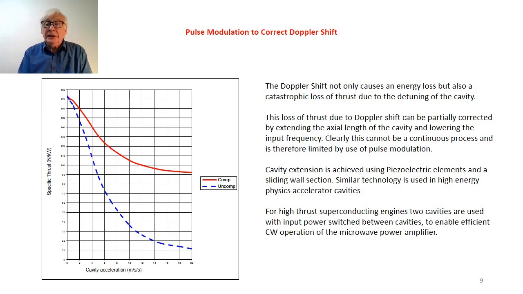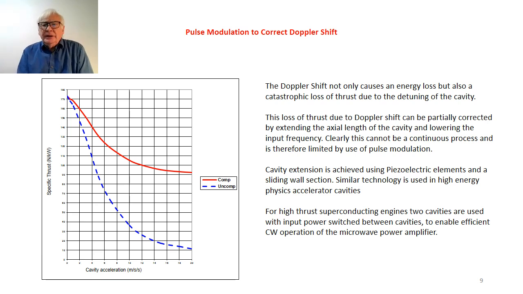So we clearly need to correct for this, and we can do this by extending the axial length of the cavity and also lowering the input frequency. So effectively we are trying to match the cavity to the Doppler shifted frequency, and we are lowering that input frequency also to match this Doppler shift.